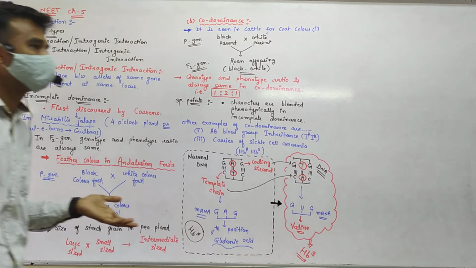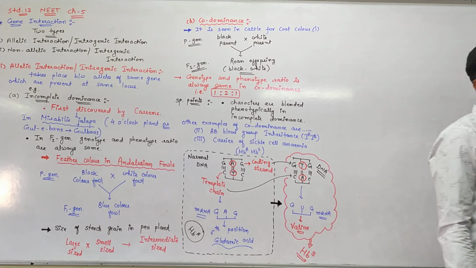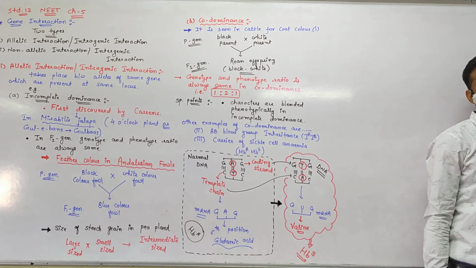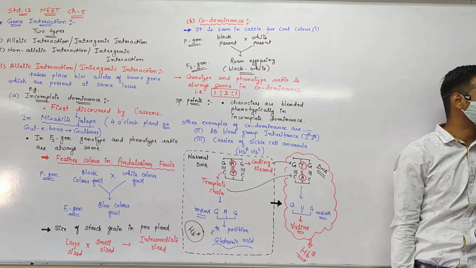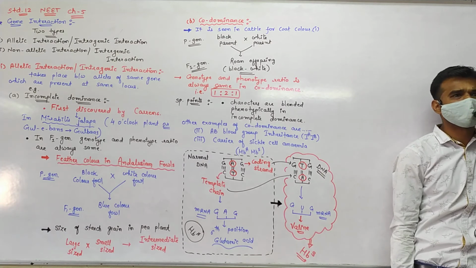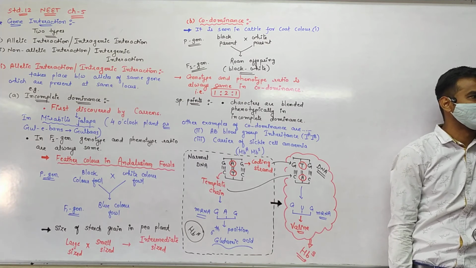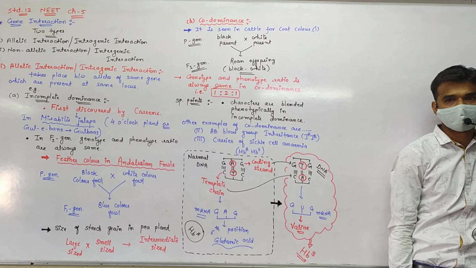In the exam, in sickle cell anemia, the question may change the text. Don't mug up. Don't think that in sickle cell anemia purine is always replaced by pyrimidine. Understand it properly.